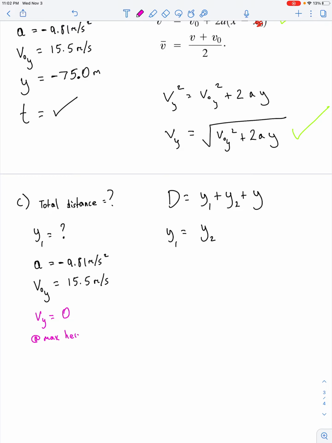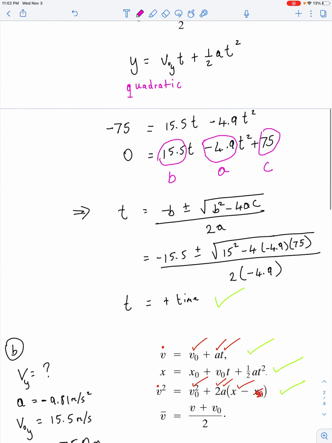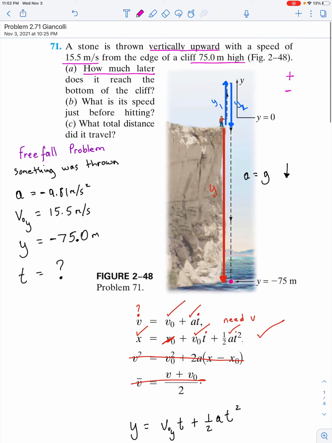So let me run that by you again. Here, what we're saying is that we're looking from here to here. That's my new thing. Before we were looking from here to here. Now I'm not doing that no more. I'm looking from here to here. So the time that I found before is not the time that we're going to be using. It's definitely not. So this is a new thingy.